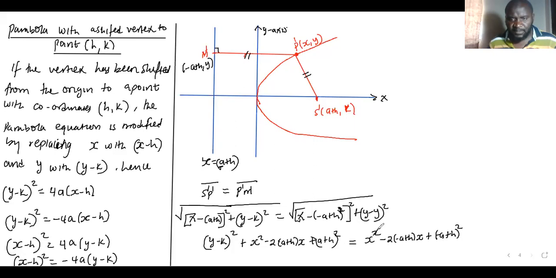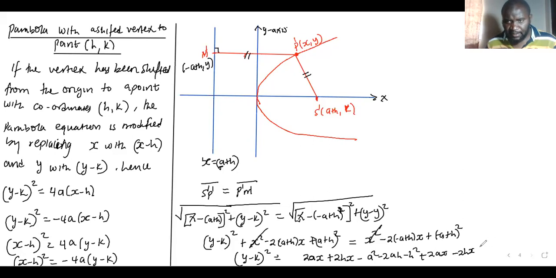So when you simplify, the x² vanishes. This becomes (y − k)², which has made our y on the left-hand side, equal to 2ax + 2hx and so on. The h² vanishes, the s² vanishes.